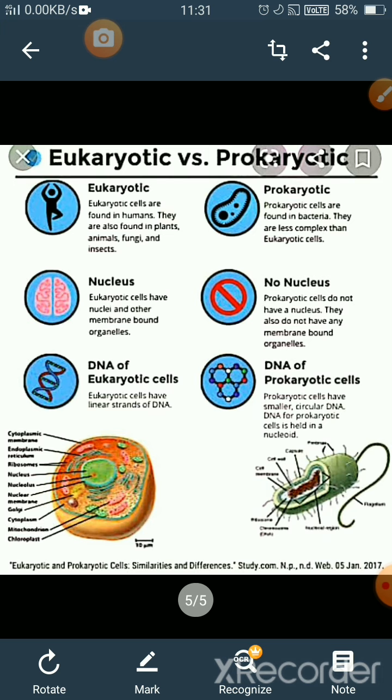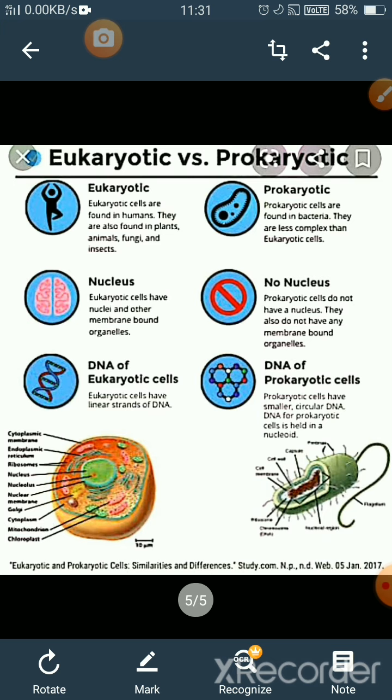Eukaryotic cells are basically found in humans, and they are also found in plants, animals, fungi and insects. On the other hand, the prokaryotic cell is a very simple cell and is found in bacteria. They are less complex than the eukaryotic cell.